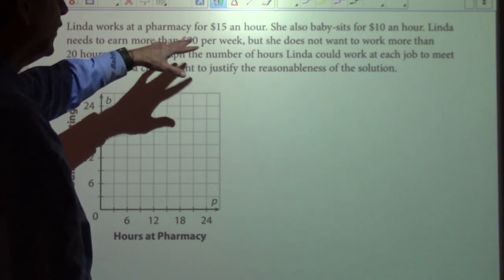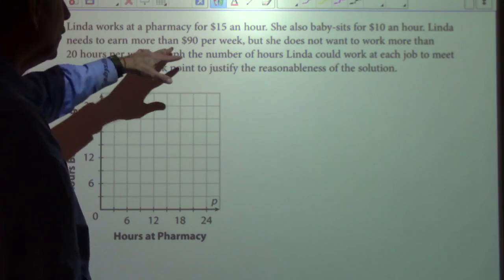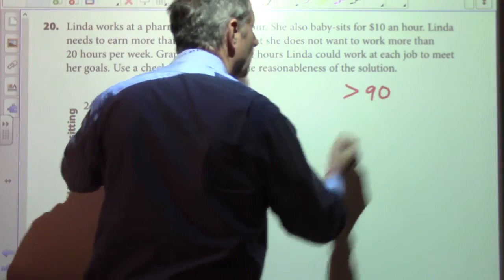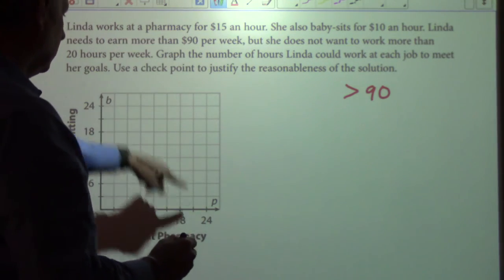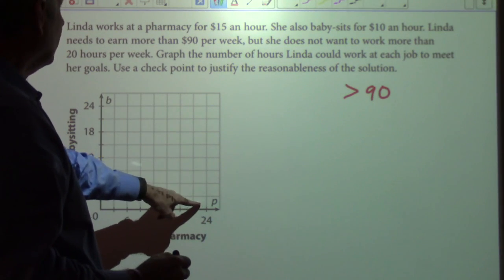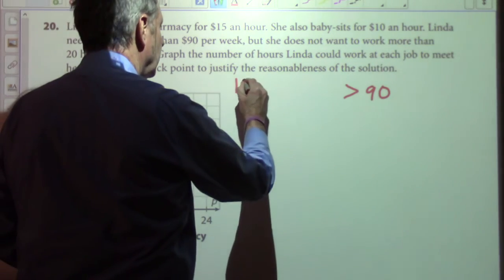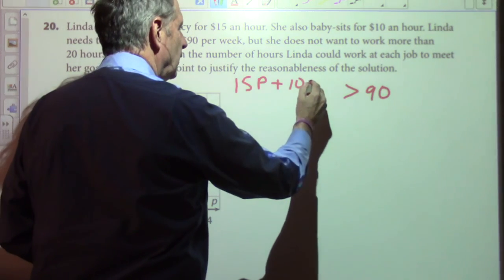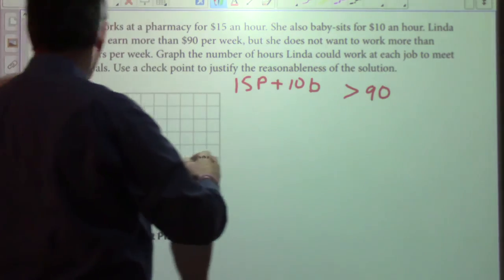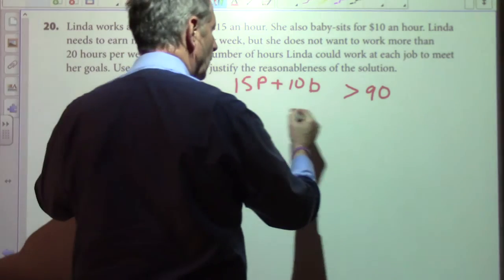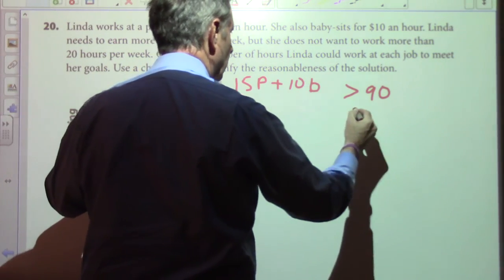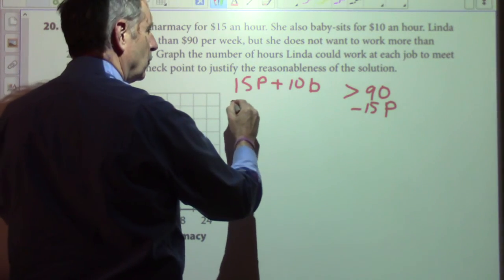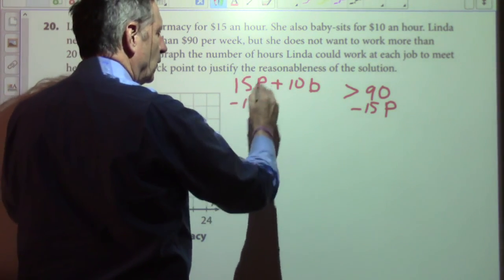Okay, she babysits for $10 an hour, needs more than $90 per week. So more than 90, right? And she babysits 15P for pharmacy, so 15P plus 10B. If you want to solve for B, B is greater than 9 minus 3/2P.